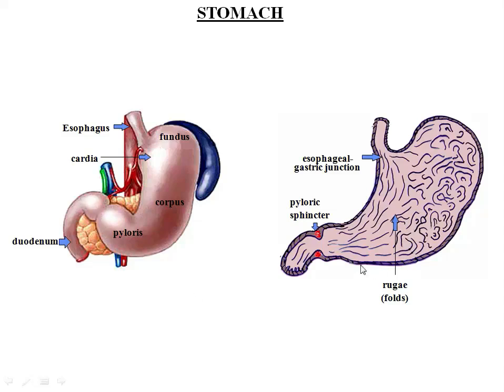So this portion is the pylorus, this is the fundus and corpus portion, and this is the cardiac portion. The esophagus joins with the stomach at the gastric junction.